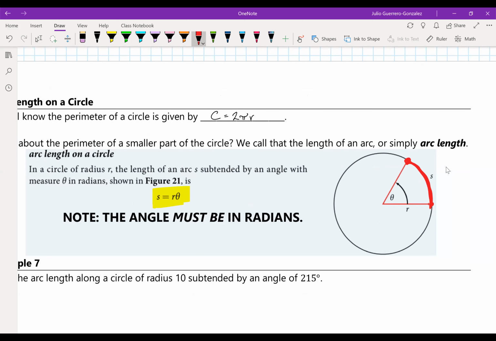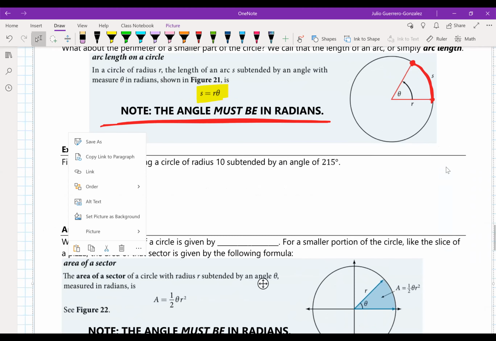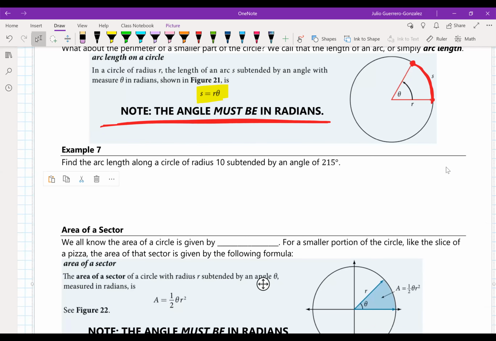Okay? Now, there's a very important thing that you have to realize here, that your angle must be in radians. So if I give you an angle in degrees, you have to first change it to radians and then plug it in. Make sense? So, 215 degrees, how do I convert that to radians? Multiply it by what? Pi over 180.